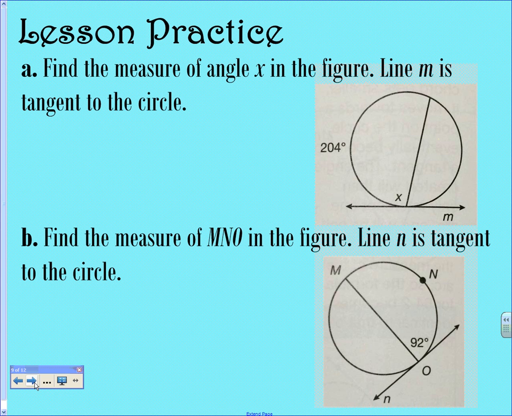So half of 204 is 102. Okay, what about the second one? See if you can figure out what angle MNO would have to equal. How do you know? Double it. Okay.